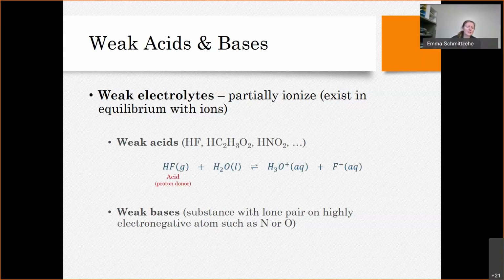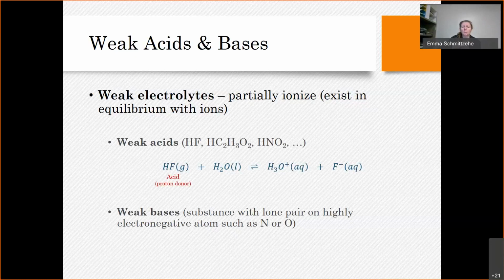And so as an example of the behavior of a weak acid, if we focus on hydrofluoric acid, HF, when we put that in water, it does ionize partially. And so it forms some F minus and some H plus, and that H plus attaches to water, so it forms hydronium ion.